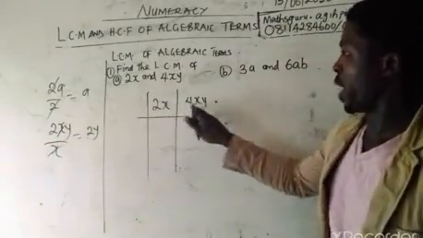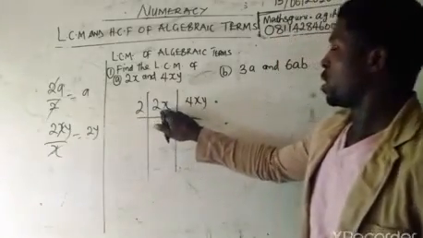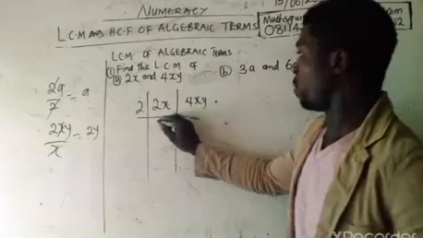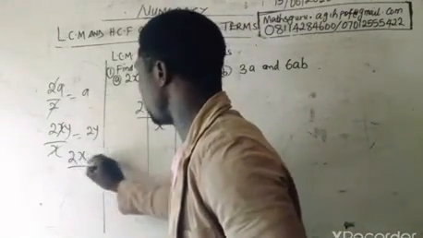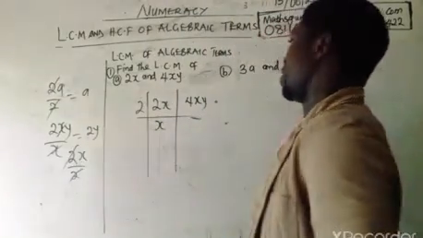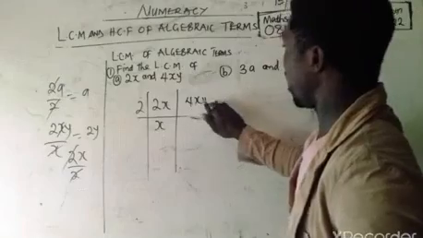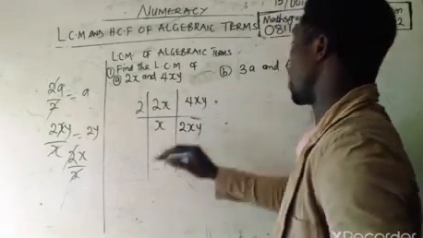The first we can think of that is a number, we have 2. 2 can go into 2x to be left with x. That is 2x divided by 2. 2 can cancel 2 to remain x. And then we have 4xy divided by 2 to give us 2xy.